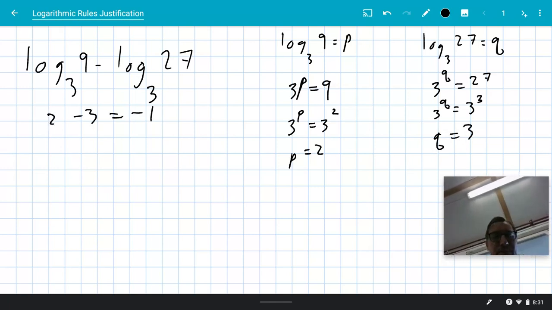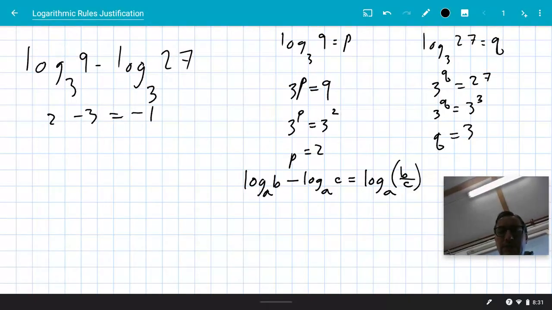No big deal. Do you remember the log rule for subtraction? If it's log base A of B minus log base A of C, that's the same thing as log base A of B over C. And again, this is just like exponent rules.